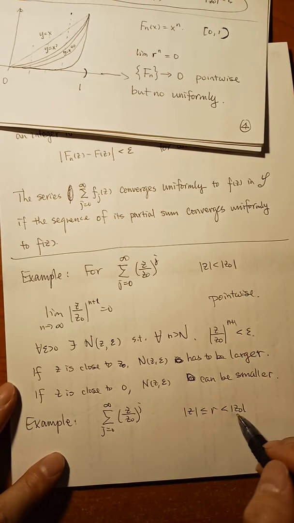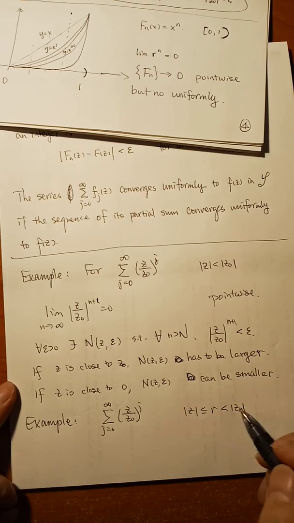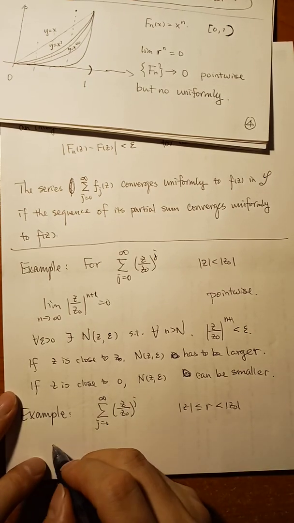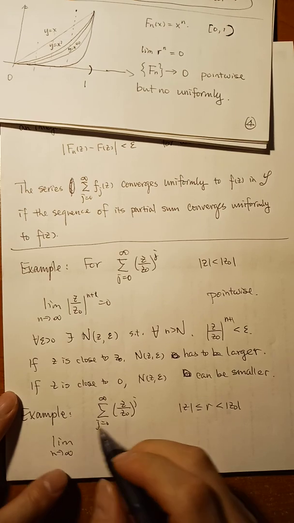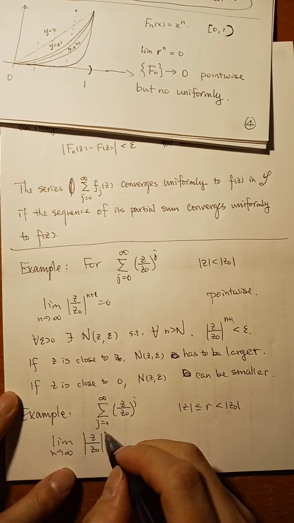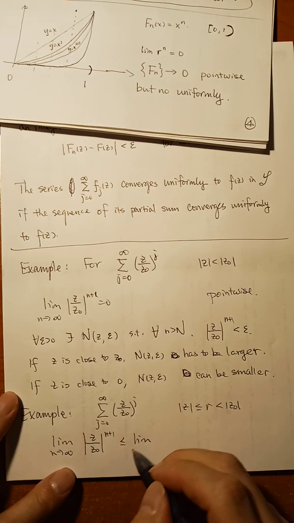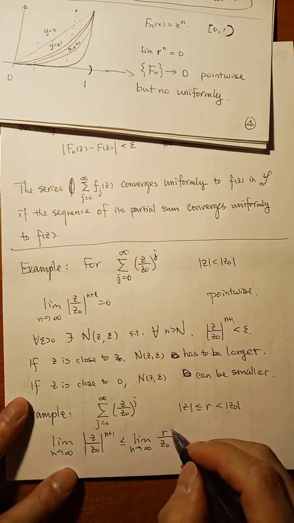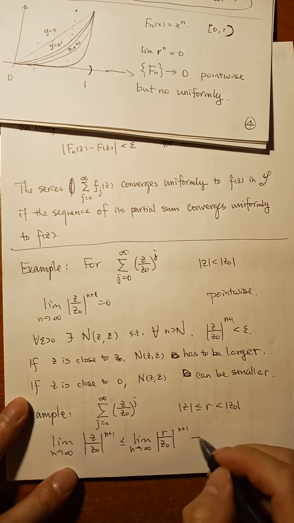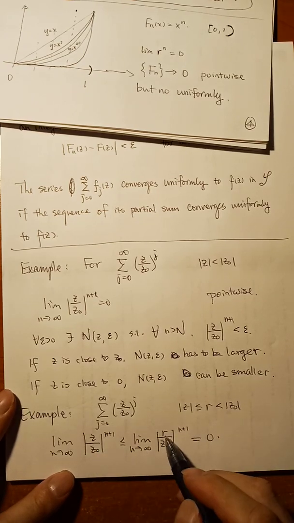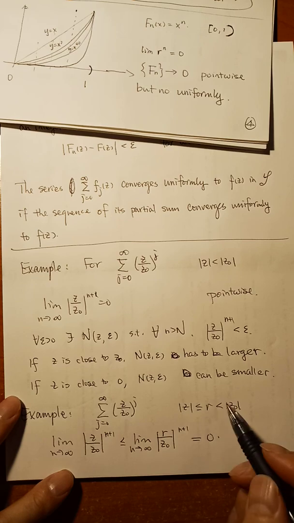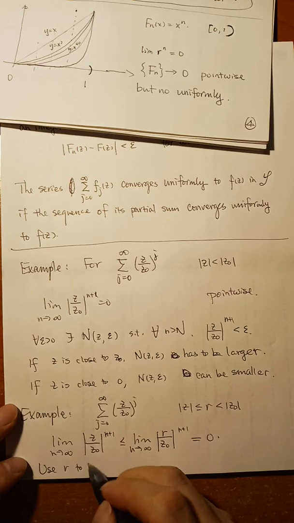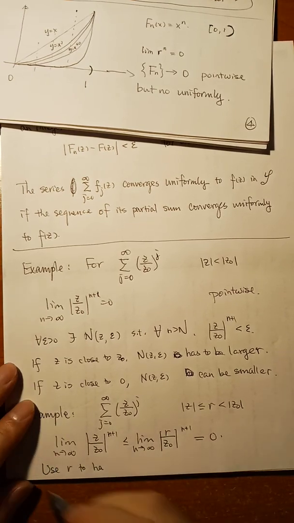It cannot be as close as possible to z0. There is a little gap between them. With this gap, we can replace z by R and use R to get the capital N. Let's make it more formal.